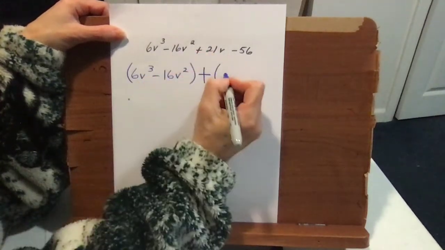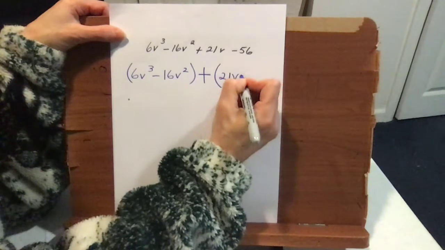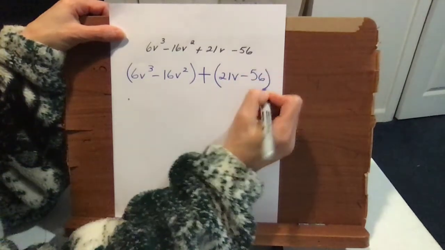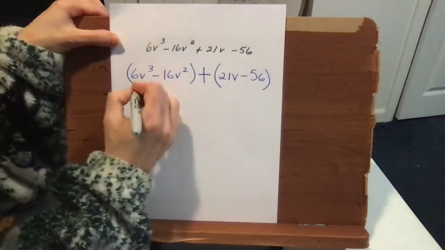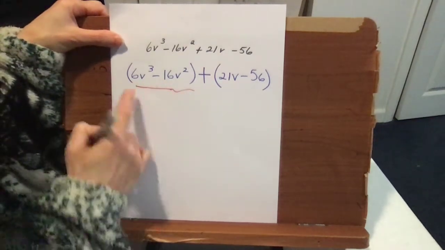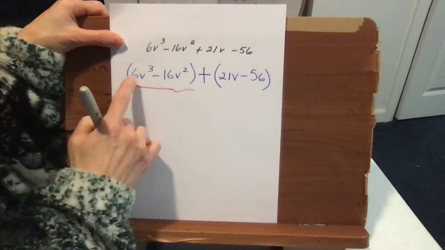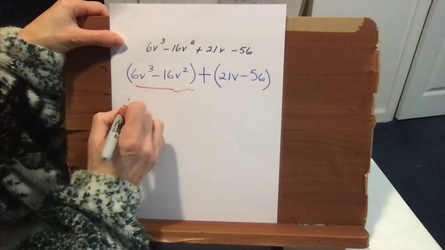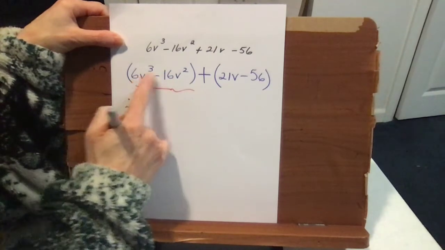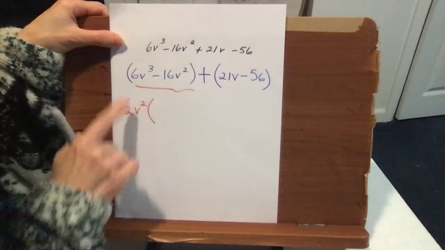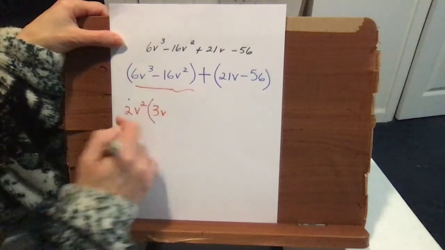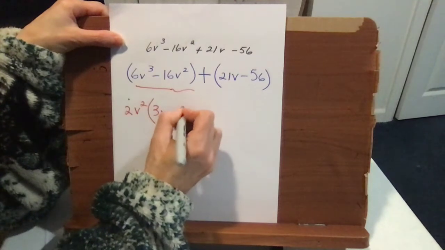It's a positive 21v, so we write 21v minus 56. All right. From this first grouping, we're going to take out the greatest common factor of 6 and 16, which is going to give us 2. V cubed and v squared will give us v squared, leaving us with 3v minus 8.